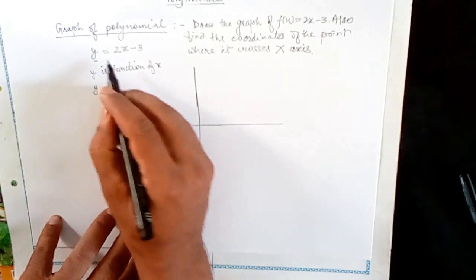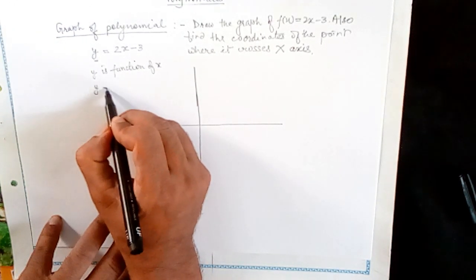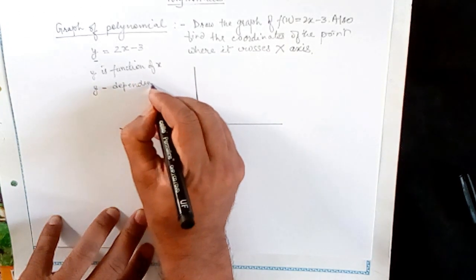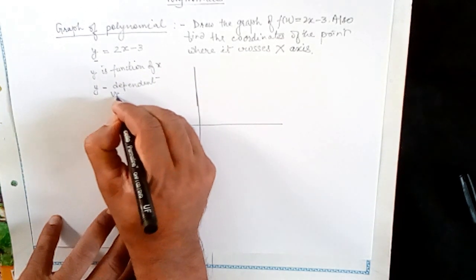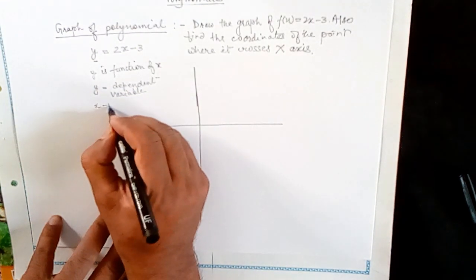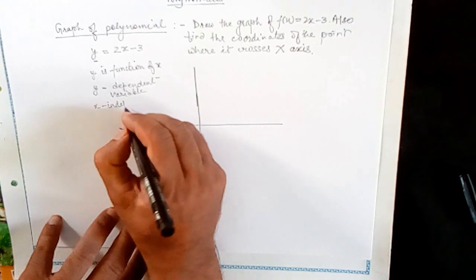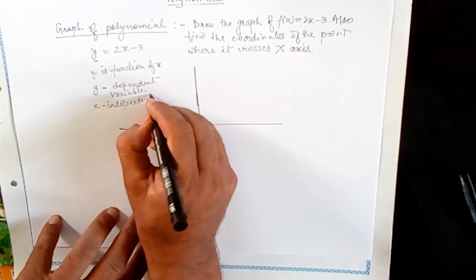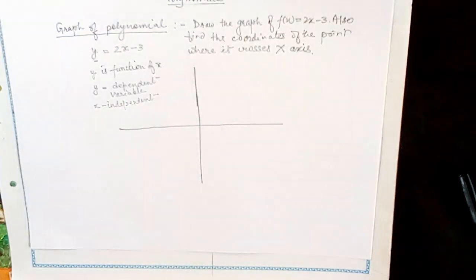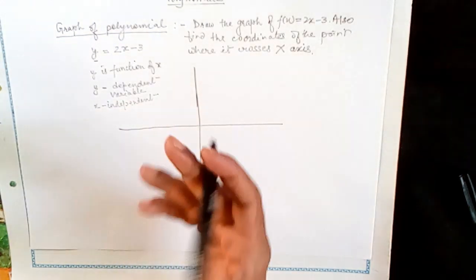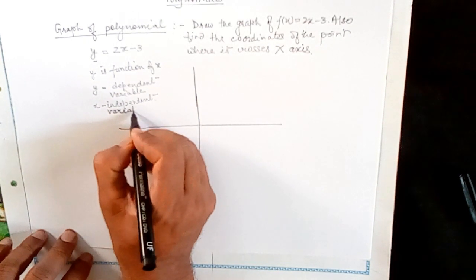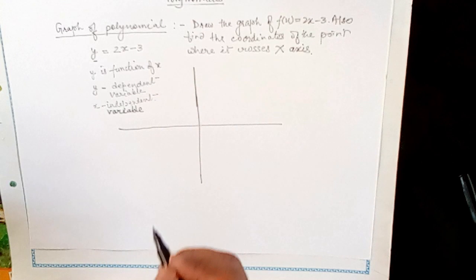Here we have two variables. y is the dependent variable, whereas x is the independent variable. The value of y depends on x. So we will go with this.